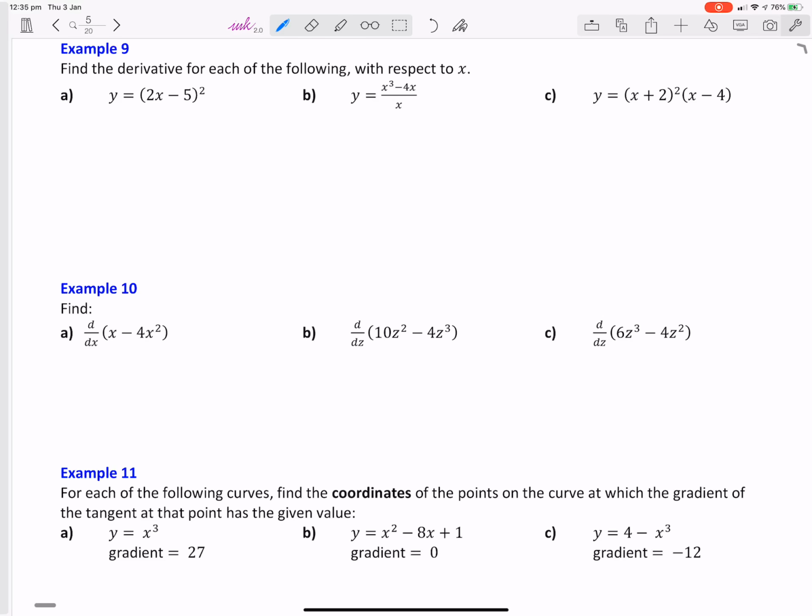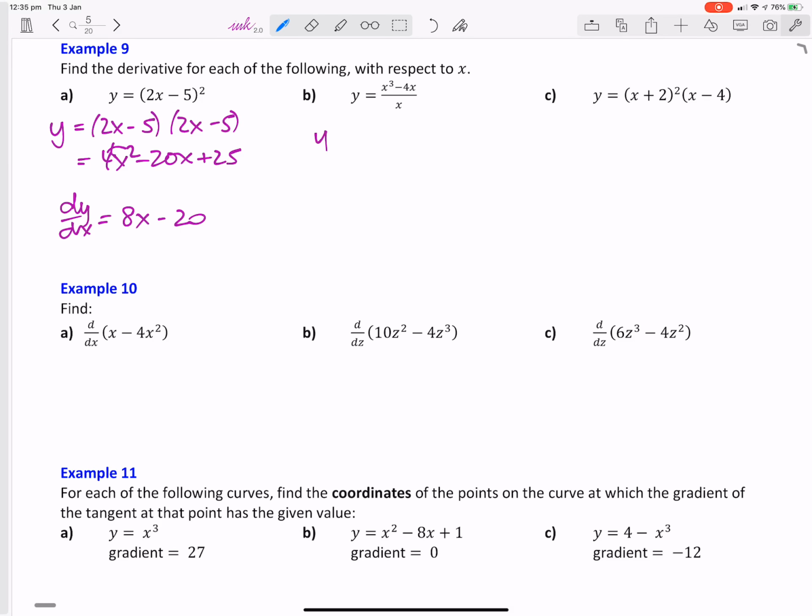Okay, with these ones, you've got to expand it first. So y equals, if we expand this, 2x minus 5, 2x minus 5, which of course is 4x squared minus 20x plus 25. And then dy dx, the derivative, 8x, because when we bring the 2 down to the front, minus 20. This one here we need to simplify.